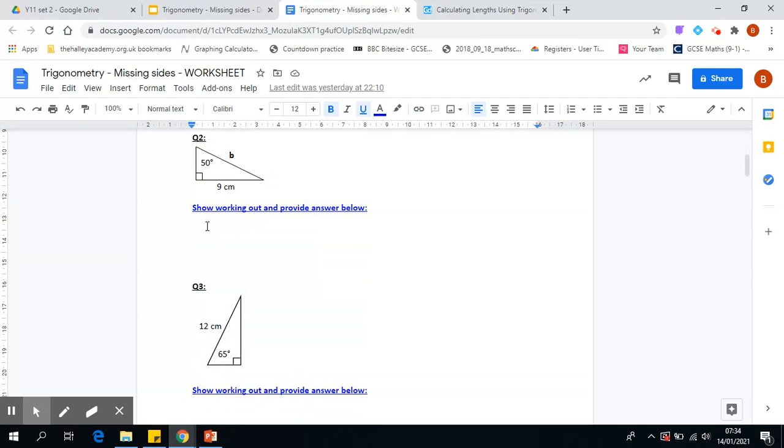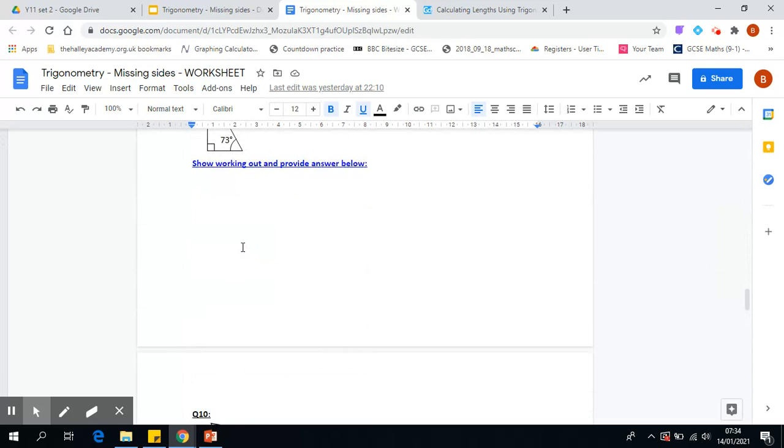Make sure first you label the side and then type in which ratio you use. If you're finding it hard to label the side, you can type in what ratio you're using and provide the working out.